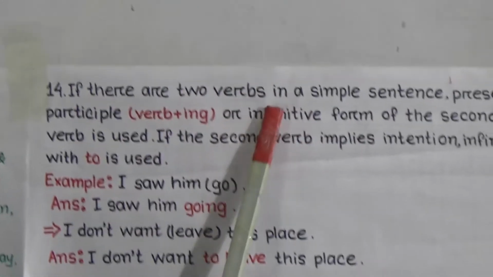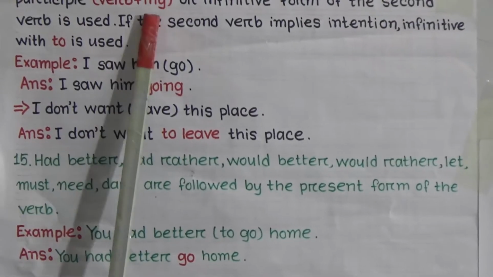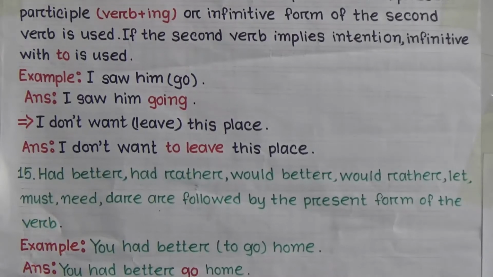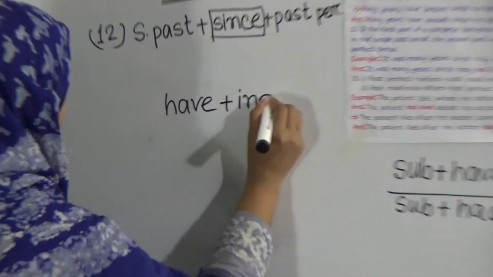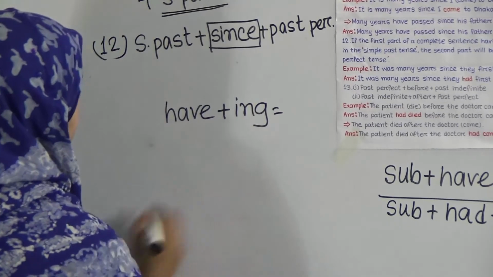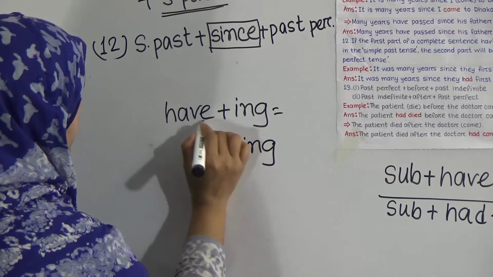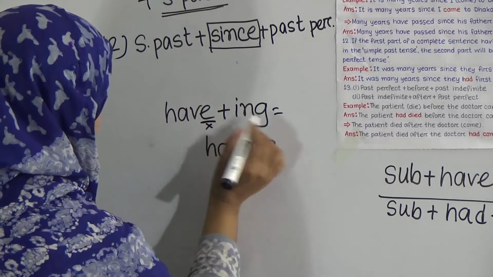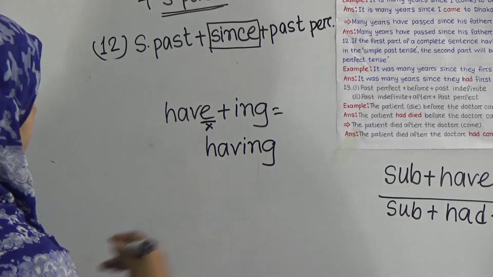If there are two verbs in a simple sentence, present participle means verb plus ing. You know, verb plus ing means present participle. If we say have plus ing, it will be having. We erase the e, because while adding ing, if the word ends with a vowel, we have to erase it.